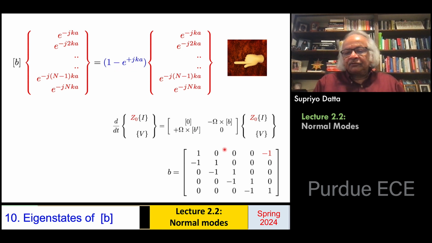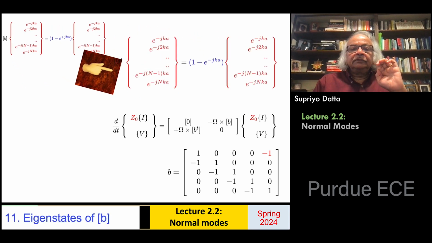The 1 comes from the 1 on the diagonal, and the minus 1 comes from the lower diagonal part. And you can convince yourself that indeed B acting on this will give you that.